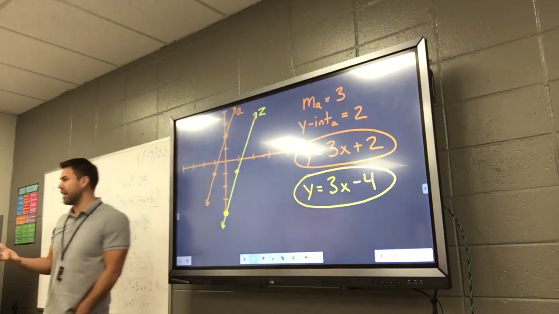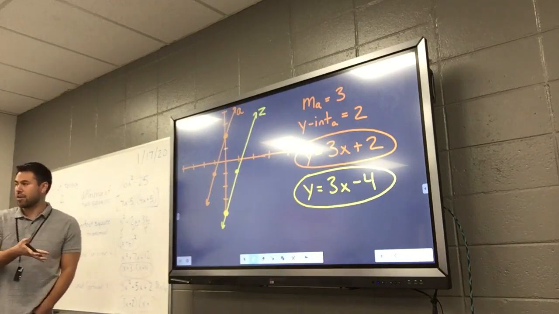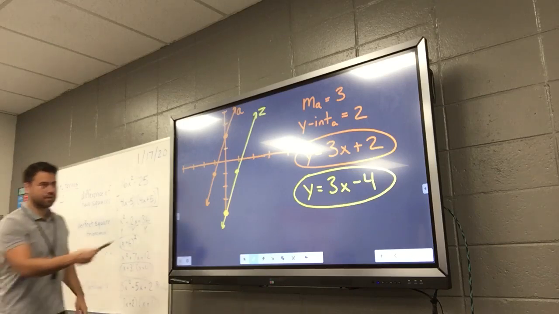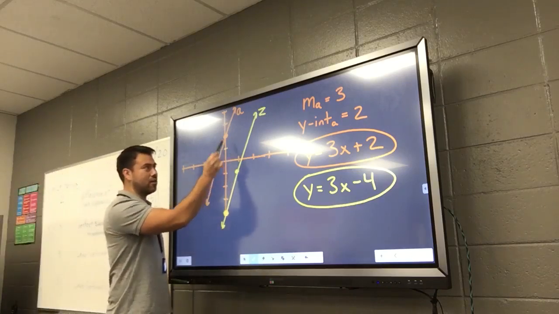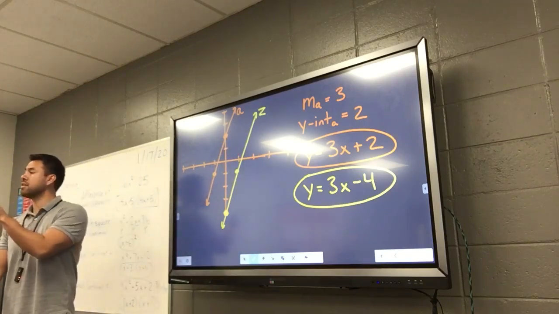How many of you are good with that? Like you got both of them? And if you didn't get it, you understand how you could get it next time. These two lines are parallel. Is that correct? Now, my graph, if you got a ruler and you measured the distance here, it'd probably be different here than it is here. So they wouldn't technically be parallel, but I know that these two lines are parallel.